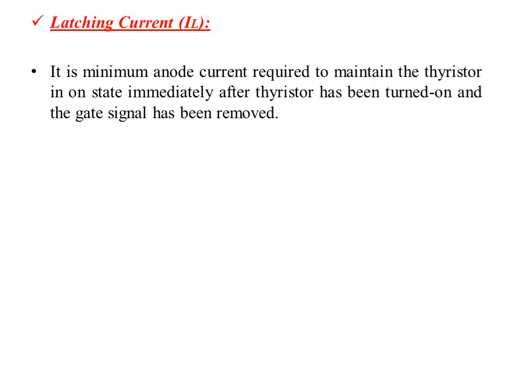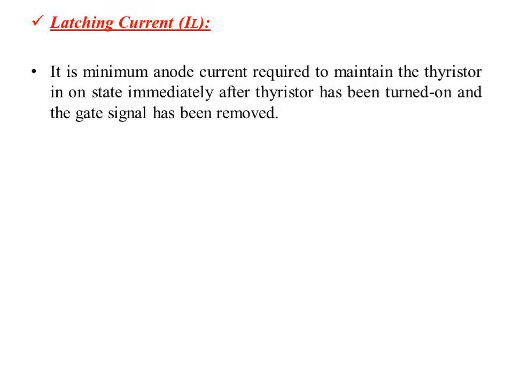It is the minimum anode current required to maintain the thyristor in on state immediately after the thyristor has been turned on and the gate signal has been removed. So the gate signal is just applied to turn on the thyristor or to conduct the thyristor in forward mode.